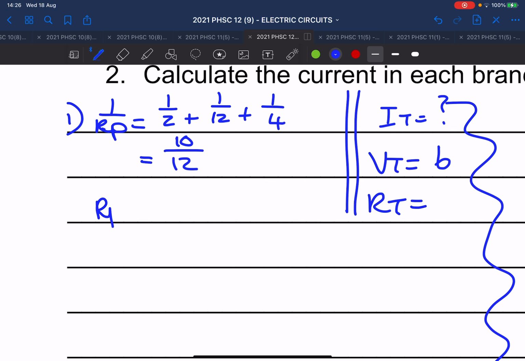You must show that now you turn that 1 over R parallel around, to say 12 over 10, and that's 1.2 ohms. How do you check again to see if this is the correct answer? It must be smaller than the smallest one in parallel. Is it smaller than 2? Yes, it is. So you think you're on the right path. Right, so that is 1.2.